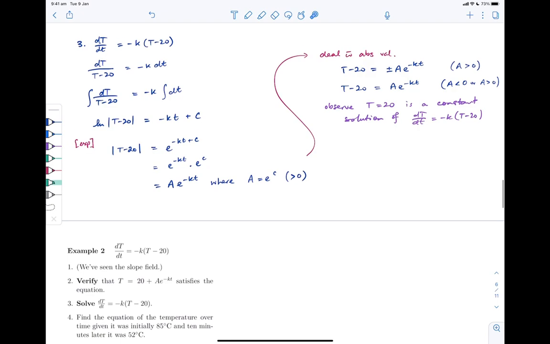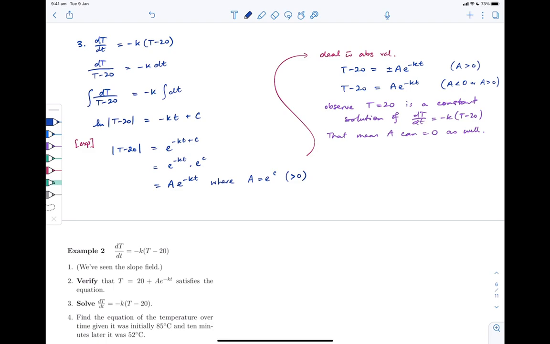It's important when you get things like this to look for a constant solution. And that means that A can equal 0 as well. Here I've got A can be positive or negative. Now I'm saying A can be 0 because t minus 20 can actually be 0, and e to the negative kt is never going to be 0. So the only way the right-hand side can be 0 is for A to be 0.